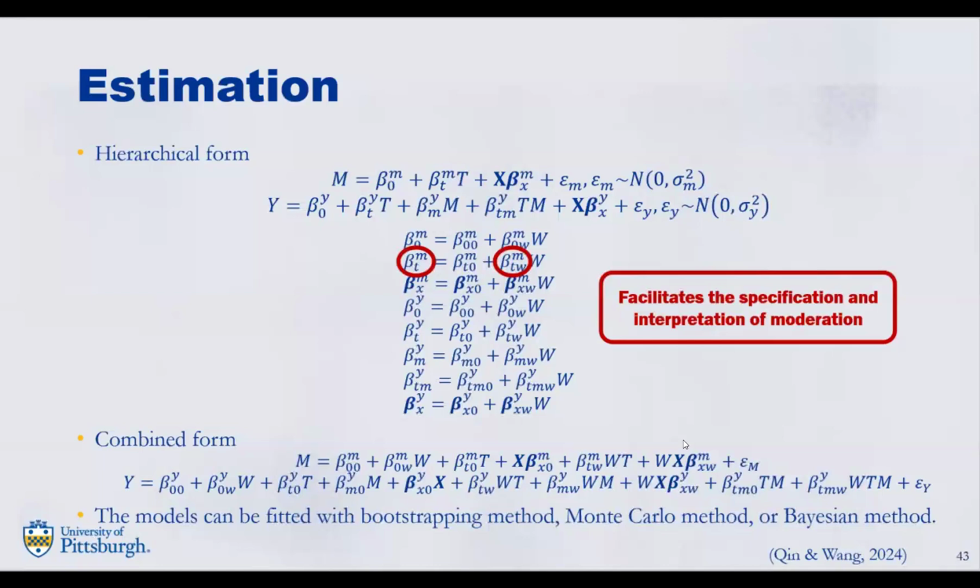And the major difference between the models in this slide and the traditional moderated mediation analysis is that we further account for the treatment by mediator interaction, which is usually ignored in traditional mediation analysis. But in reality, we all know that the mediator may transmit the impact of the treatment on the outcome by interacting with the treatment.